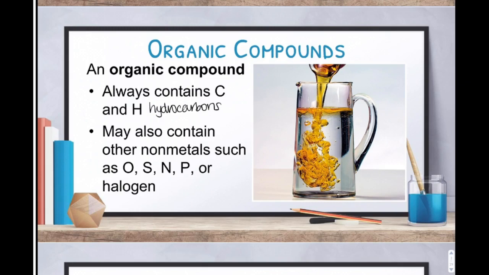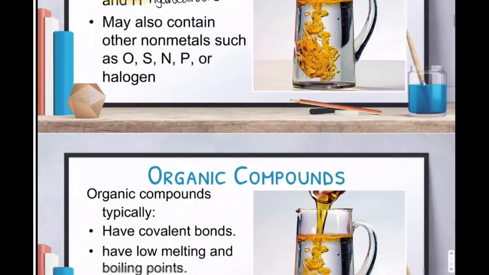Essentially, an organic compound does not contain any metals. There are organic compounds that bind to metals, like certain proteins. We call those organometallics. But you just need to be focused on these covalent nonmetal compounds, and they have to have carbon and hydrogen. If it doesn't have carbon and hydrogen, we can't call it an organic compound.